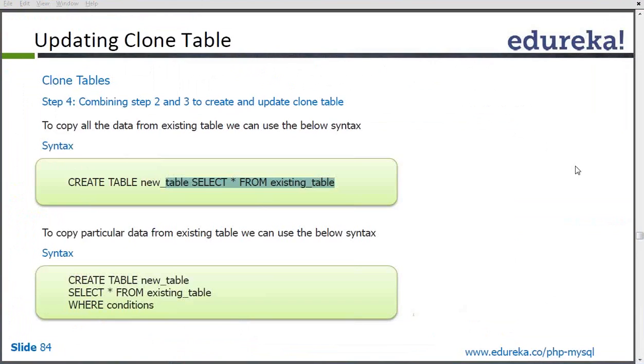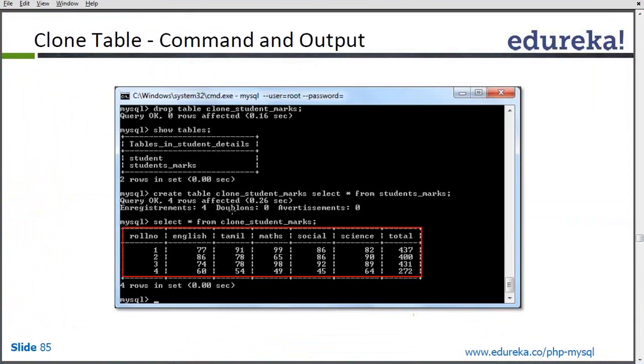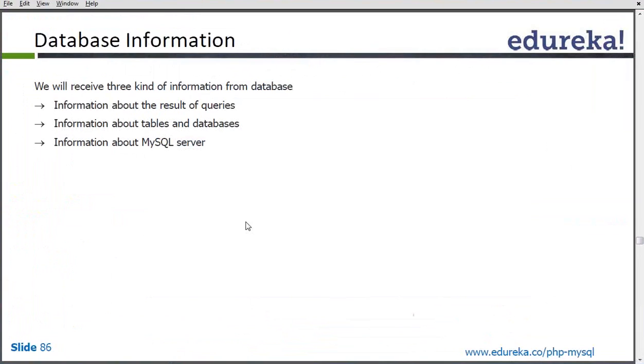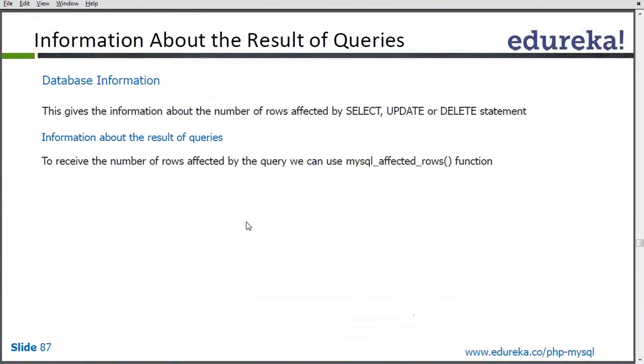For example, if I have passed a condition to update columns in a database, and as per the condition only three rows are updated, how will I get the information that 3 rows are updated? For that we have MySQL affected rows, which will let you know how many rows got affected in either a select query, update query or delete query.